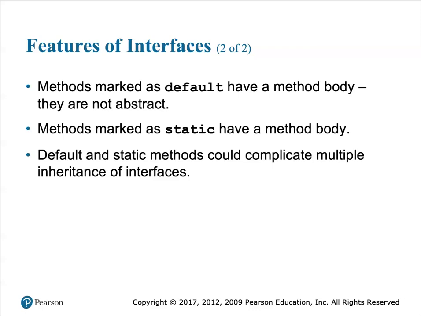That will complicate multiple inheritance. Now, it sounds like an edge case. An edge case is something that wouldn't happen too frequently. But it's the edge cases that create problems for every program.